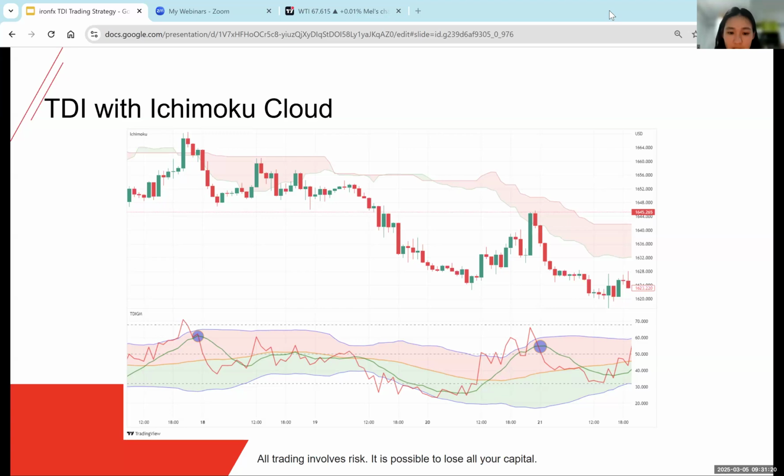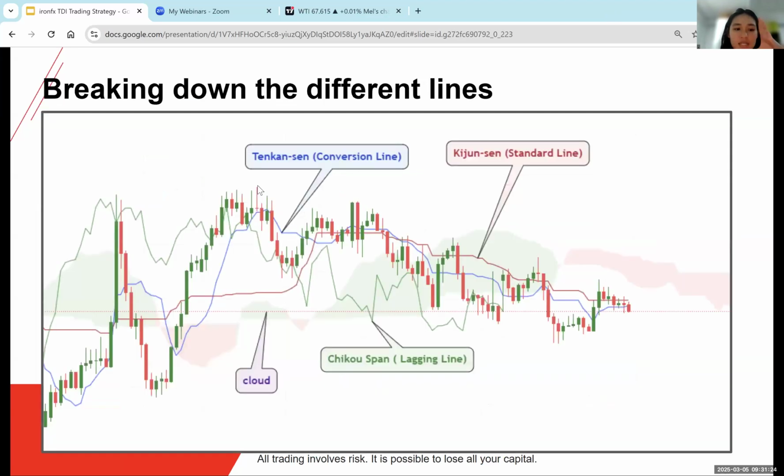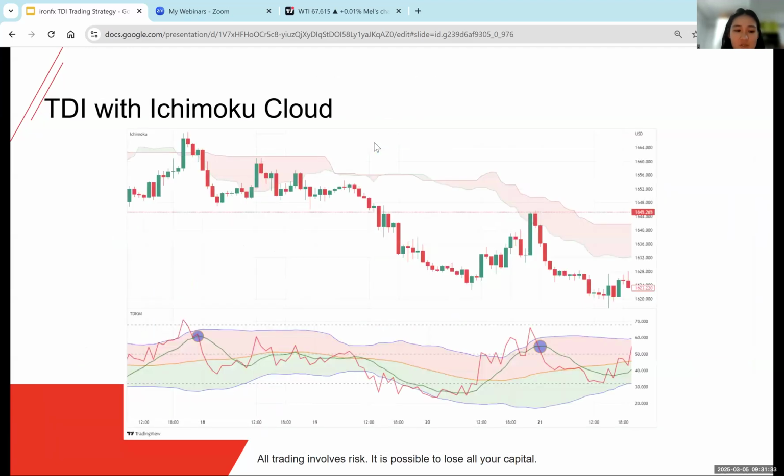Okay, how to define long-term and short-term time frames. It basically depends on your trading style. Before we talk about Ichimoku, let me just answer this question.